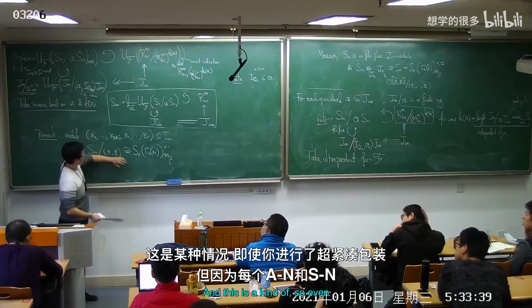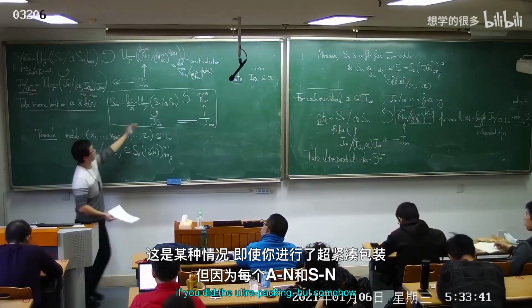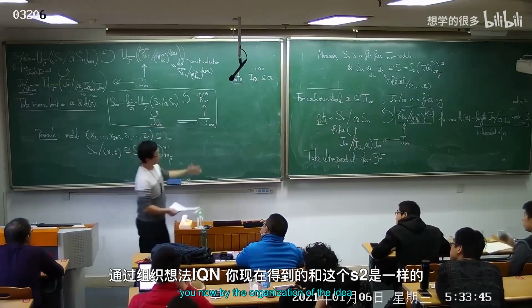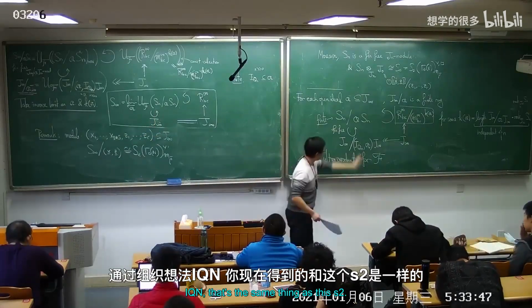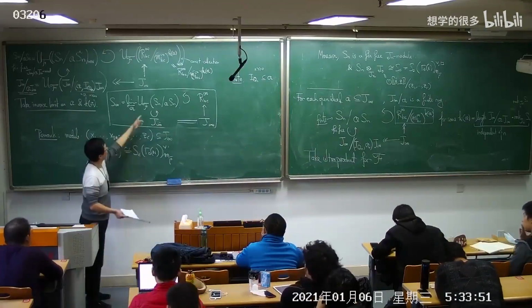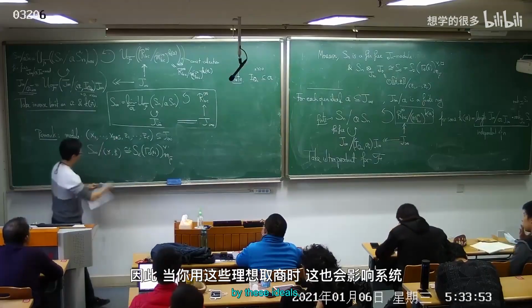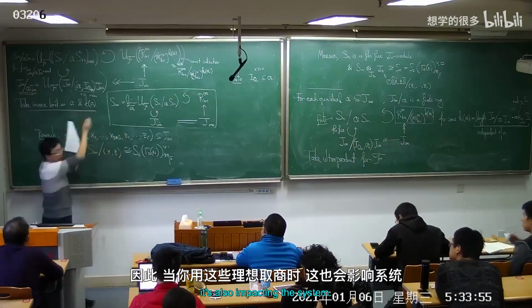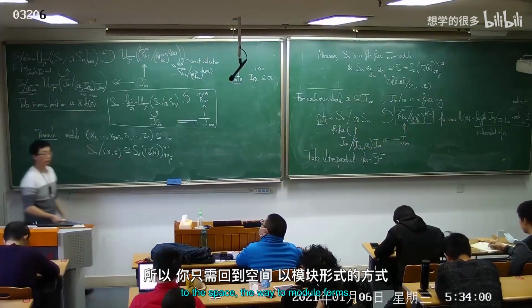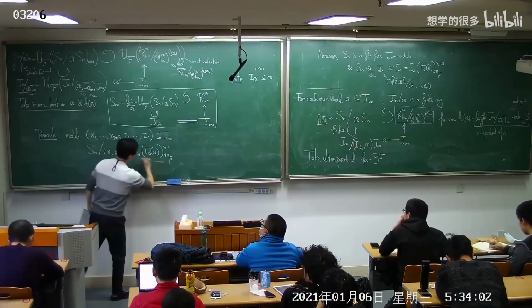So even if you did the ultrapatching, because for each of the An, Sn you quotient out by the augmentation ideal IQn, that's the same thing as this S0. Therefore, when you quotient out by these ideals, this ultrapatching system is kind of a constant system. So you just get back to the space of modular forms.